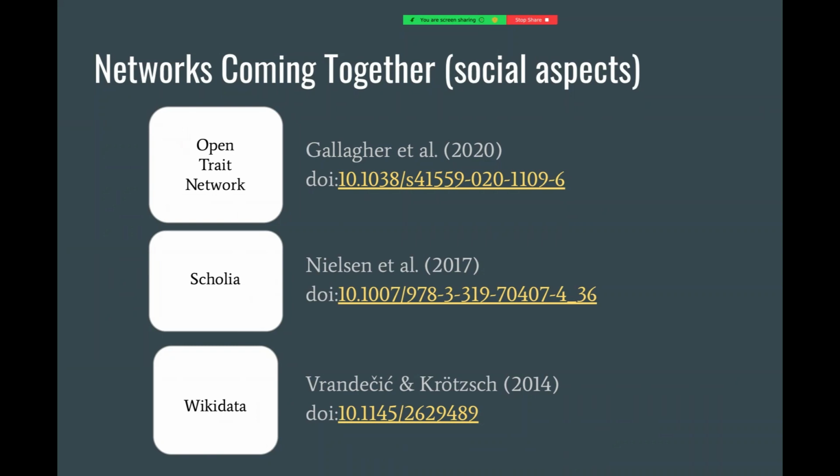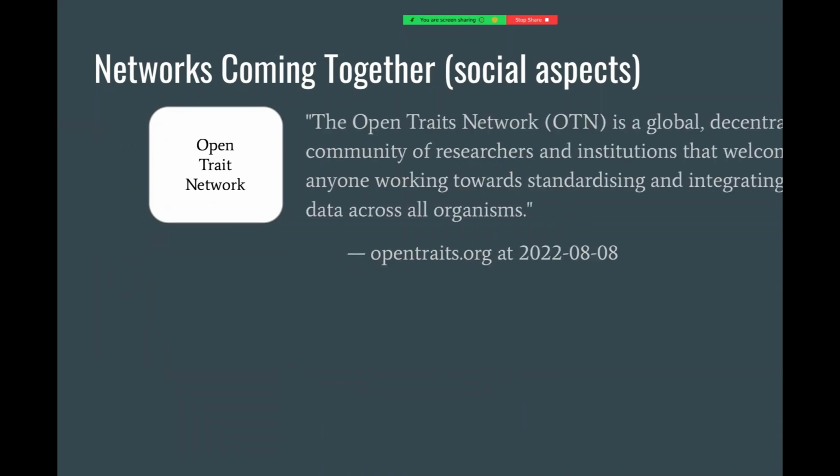Scholia and Wikidata add a really neat way to link people and their research products to the mix. Here is a little more about the Open Trait Network. I talked about this already, and maybe Daniel can talk a little more about the Wikidata and Scholia aspects.